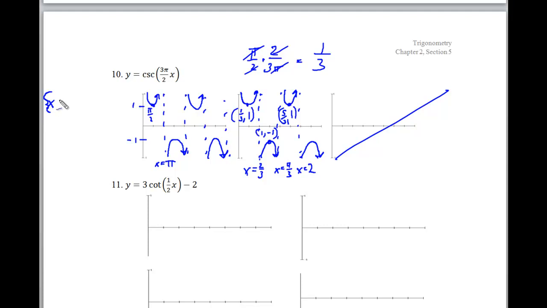Our domain is where x is going to be x, but not the values of 2k over 3. Now what's nice about using 2k is then you can say k is an integer.